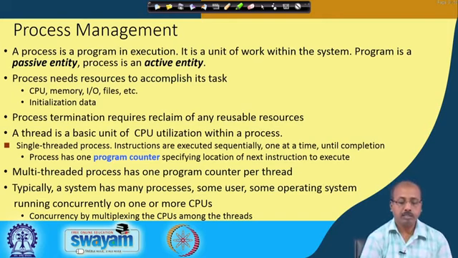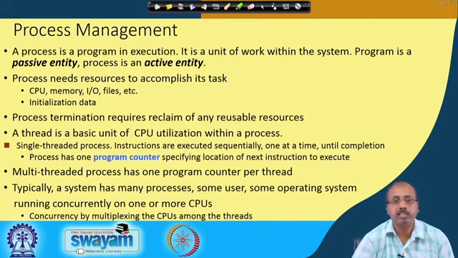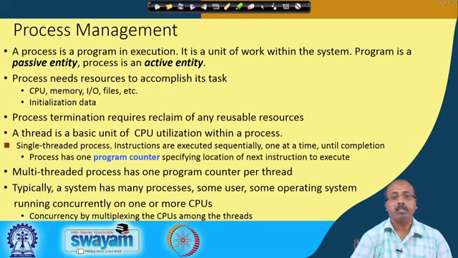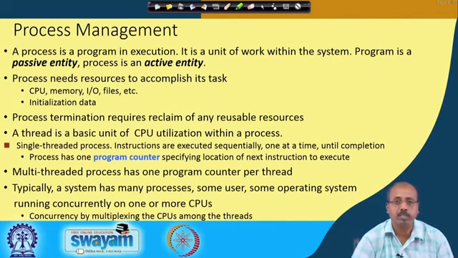We will be talking about threads in more detail later, but a thread is a basic unit of CPU utilization within a process. Within a process also there can be several sequences of execution, and it may so happen that a number of sequences go in parallel. A typical example is like this. Suppose I have a web server, and a number of requests are coming from different users of the system.